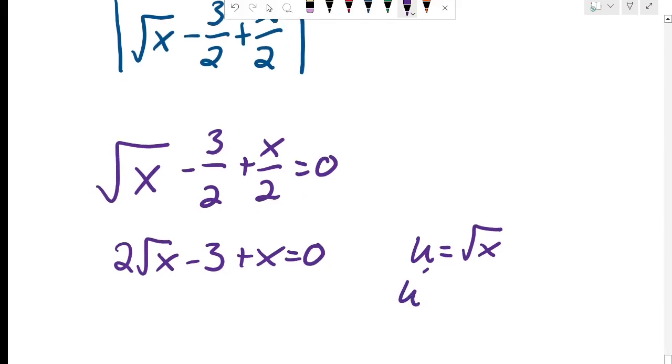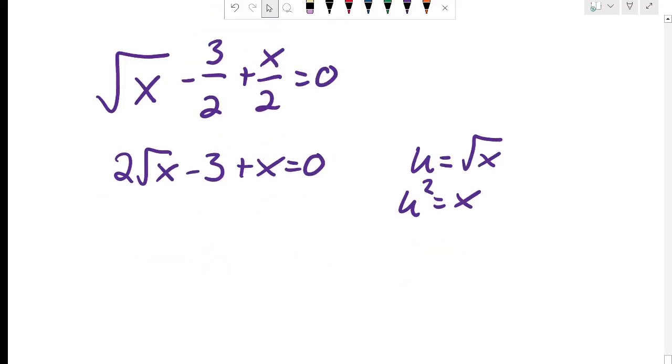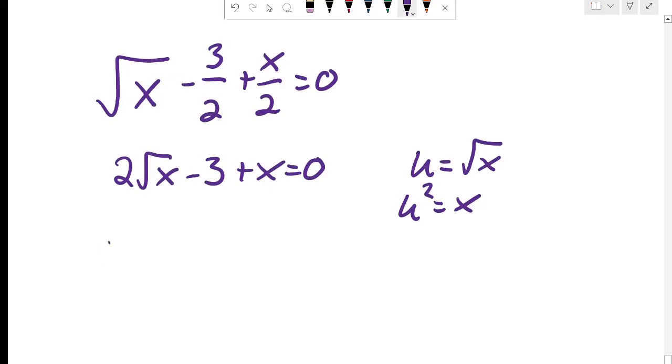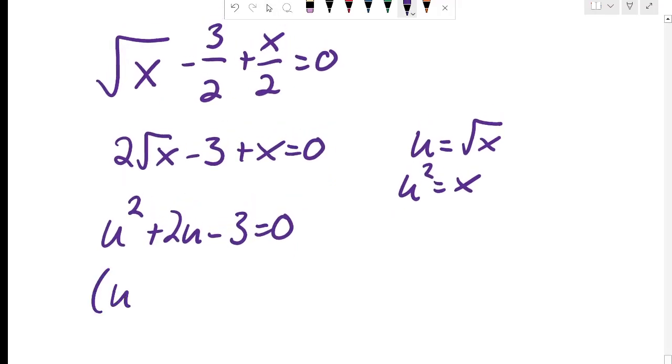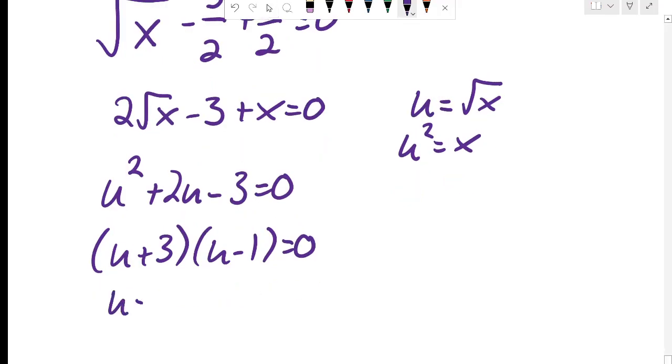So then u squared is equal to x. So then we have a quadratic to work with. So this is going to be u squared plus 2u minus 3 equals 0. Right, so now this is something that's factorable. So namely, this is going to be u plus 3 times u minus 1 equals 0, which means u equals negative 3 or u equals 1.